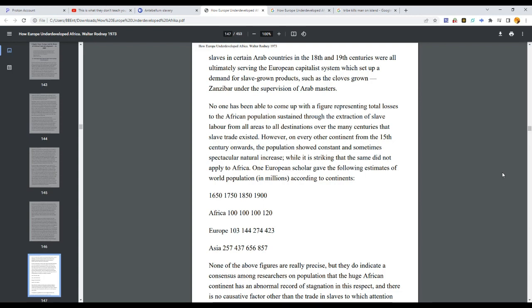Name a country that has been subjugated for centuries. Name one that's gone through the same amount as Africa, as the Conference of Berlin. Name a country that has gone through a Conference of Berlin, when European countries sat down and decided what they were going to do with that country. Name a country with a Conference of Berlin.